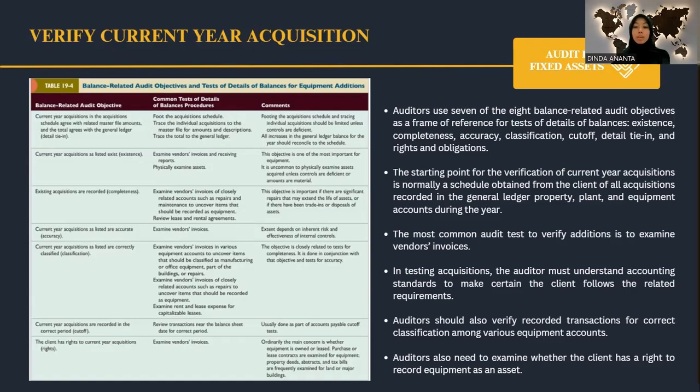In testing the acquisition, the auditor must understand accounting standards to make certain the client follows the related requirements. The auditor should also verify recorded transactions for correct classification among various equipment accounts, and also examine whether the client has a right to record equipment as an asset or not.